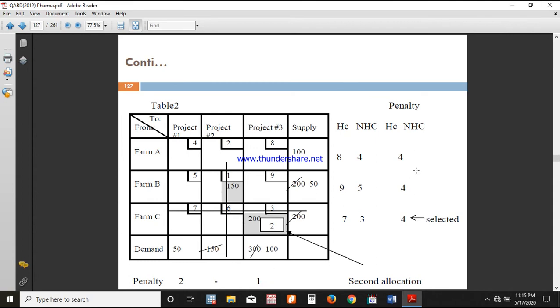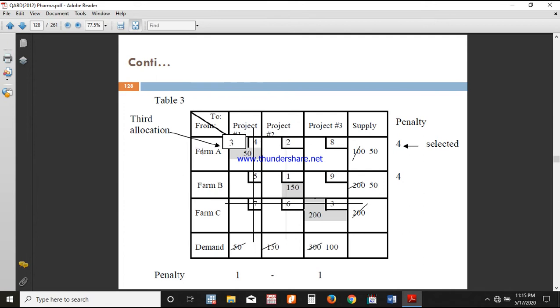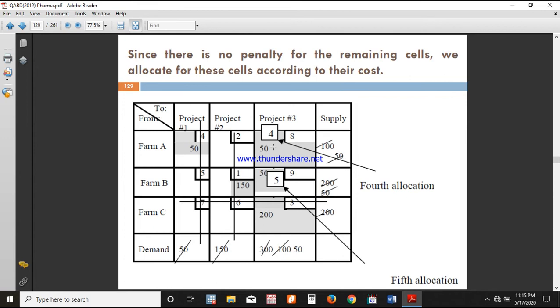Here 3 similar values appeared. Therefore, our next allocation will be here, the third allocation will come here, the fourth allocation will be here, and the fifth allocation will be here.